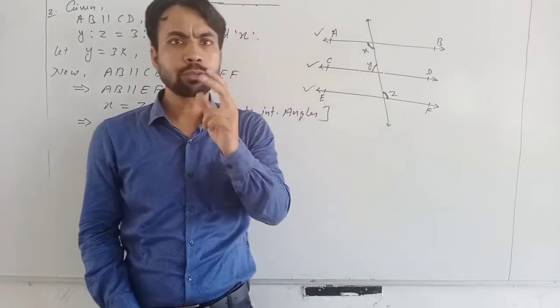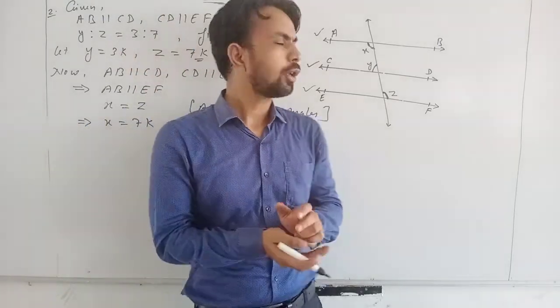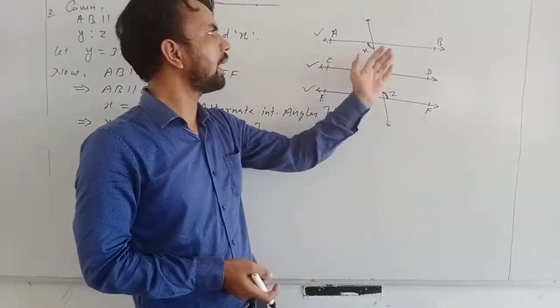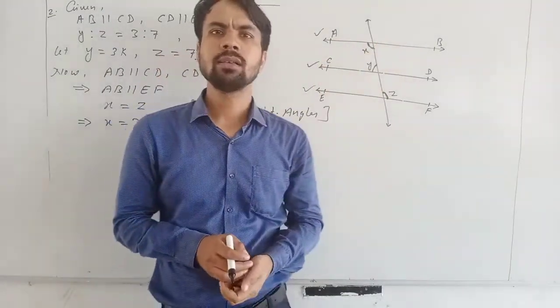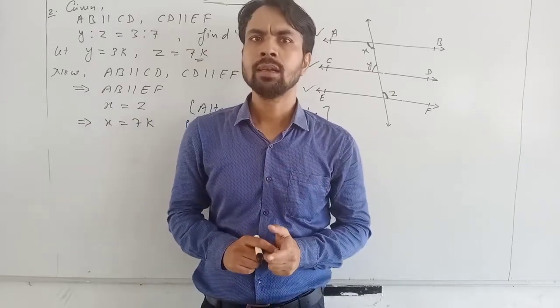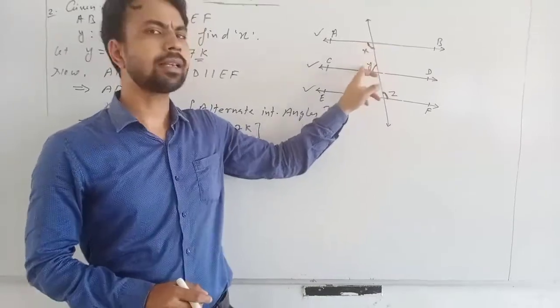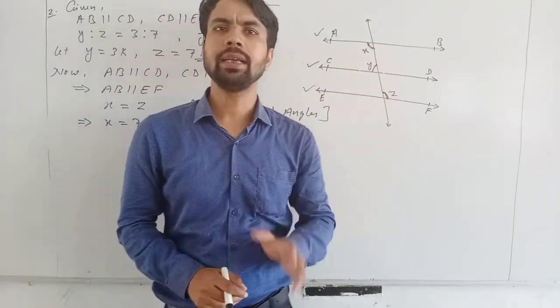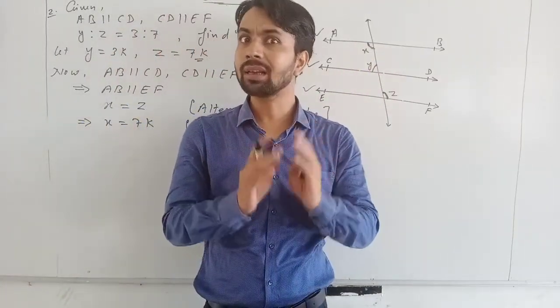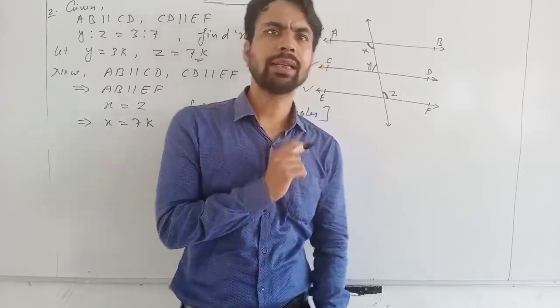If two angles lie between two parallel lines and on the same side of the transversal, those angles are known as co-interior angles. In the case of parallel lines, the sum of co-interior angles is always 180 degrees.